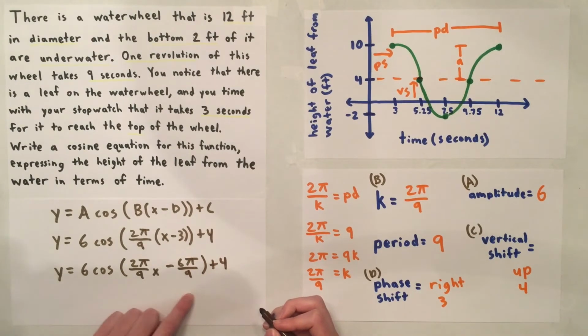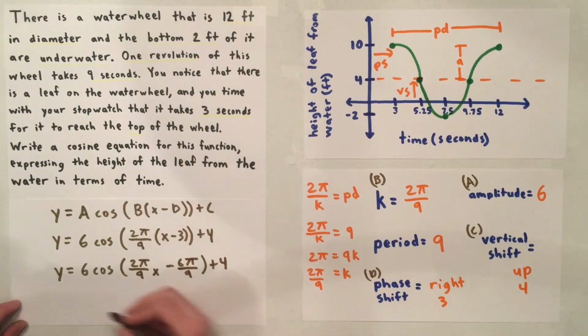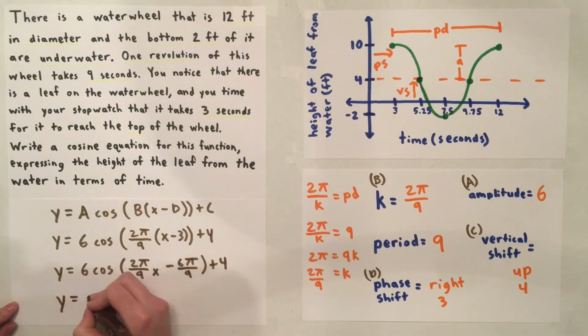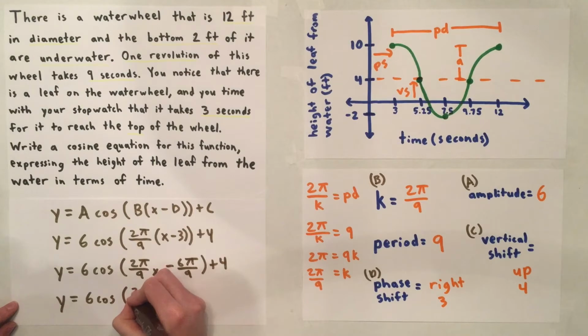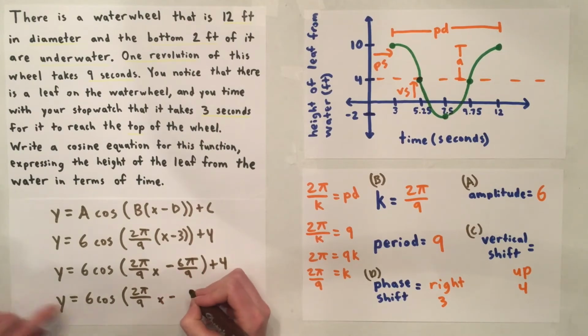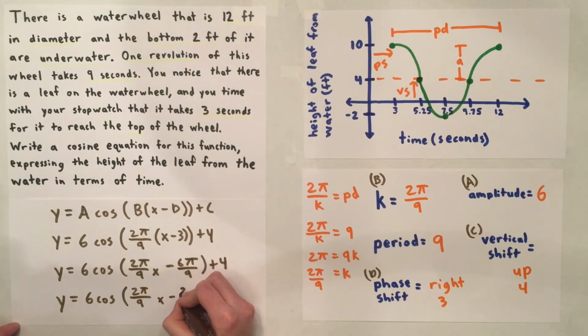So in this step I multiplied, and now I can simplify that a little bit, changing this 6 over 9 to 2 over 3.